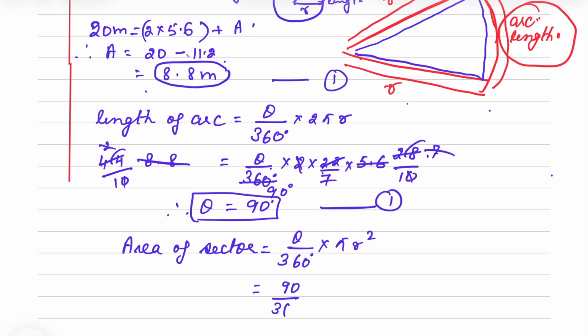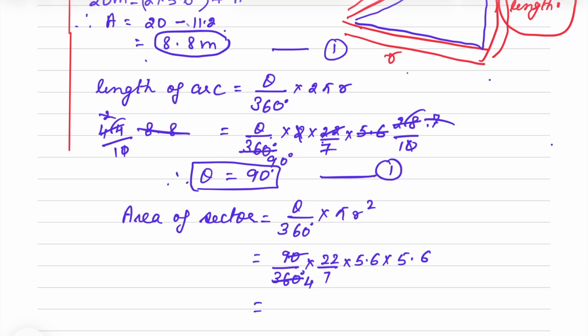Theta is 90 over 360, that is 1 by 4 we will get, 22 by 7 the pi value, and 5.6, 5.6. We cancel, and get 11, 7 and 0.4. Now the values we are left with are 11.4 and 5.6.